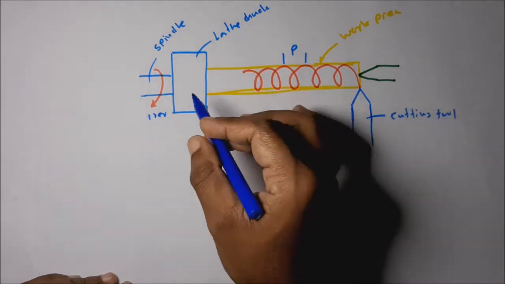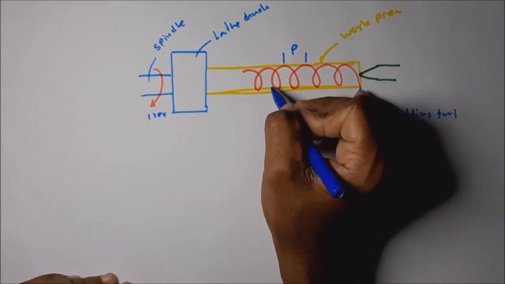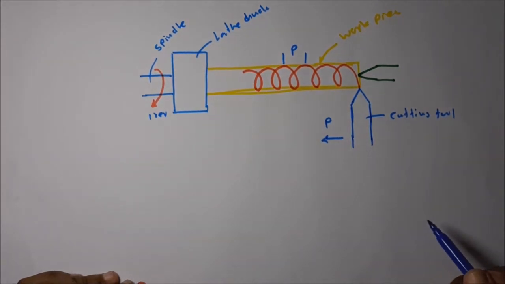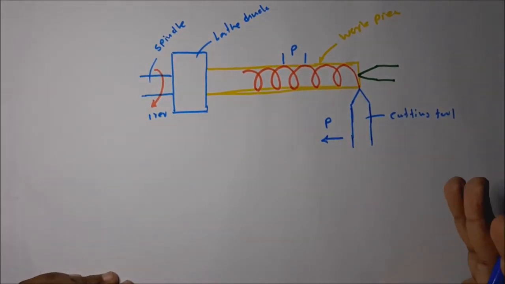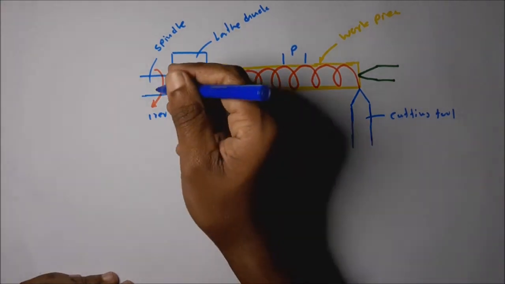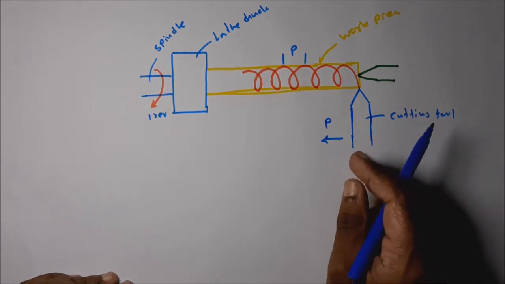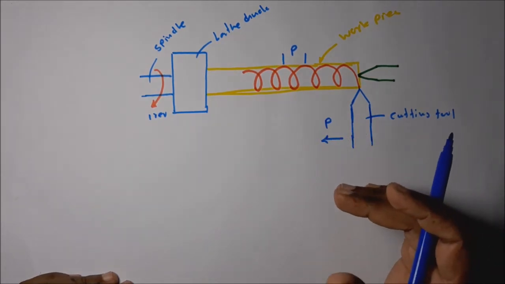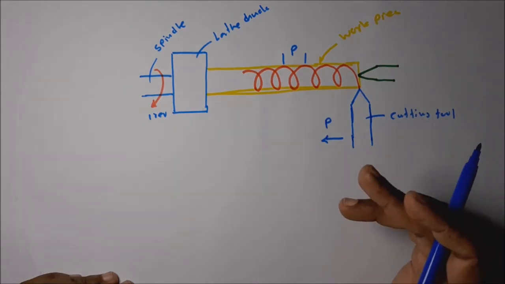For each revolution of the spindle, each revolution of the workpiece, the tool travel is equal to the pitch value. You can see this rotary motion and the linear movement of the cutting tool should be interconnected. That means these two motions should be synchronized.